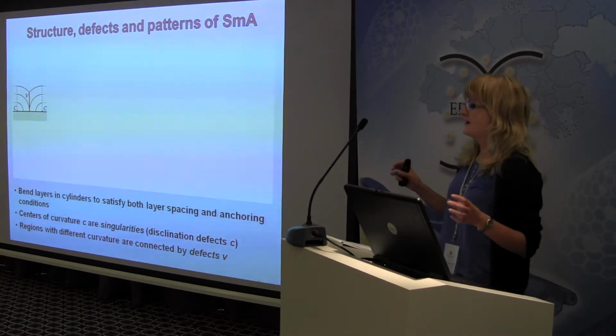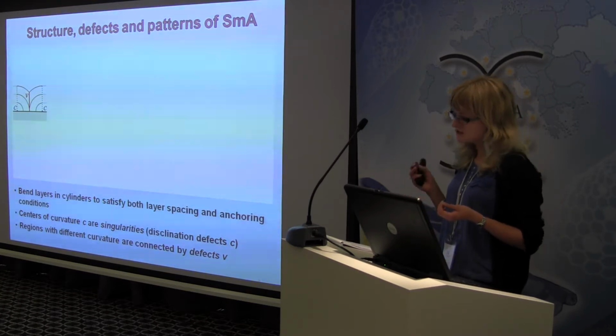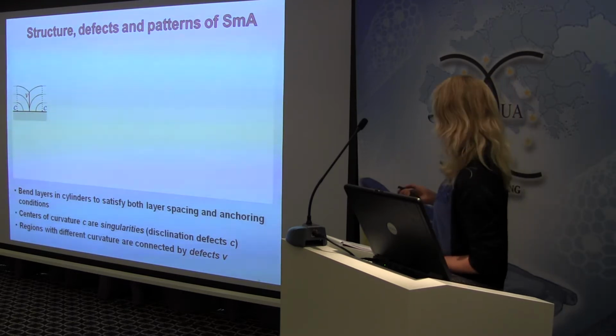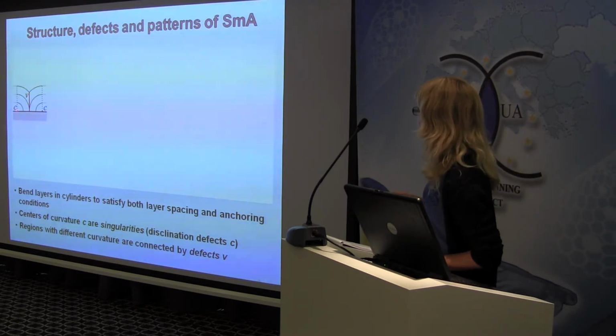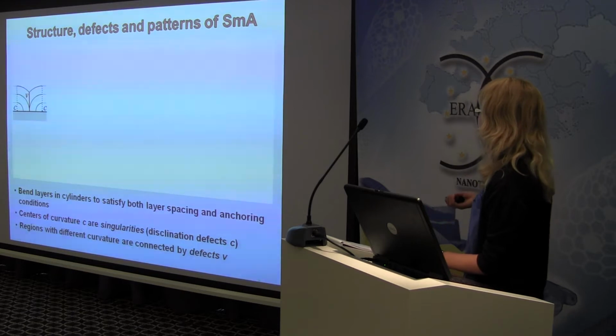To bend the layers, a very important thing is that the thickness of the layer should be the same. In this case, as you can see, we will have a planar alignment on one surface and a homeotropic alignment on another surface.